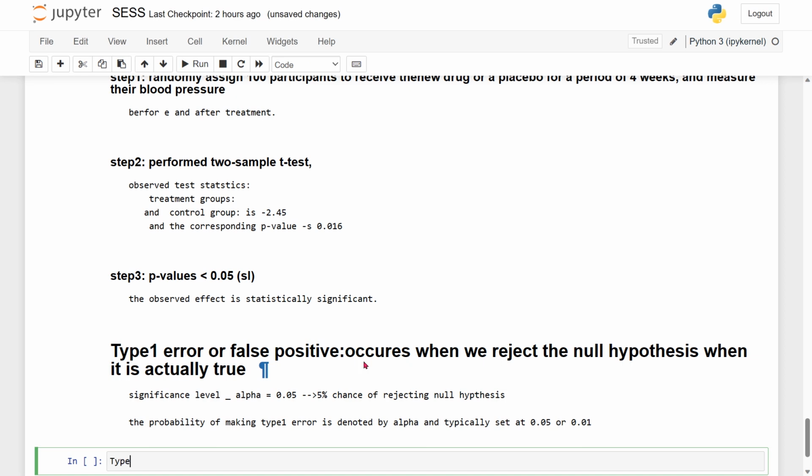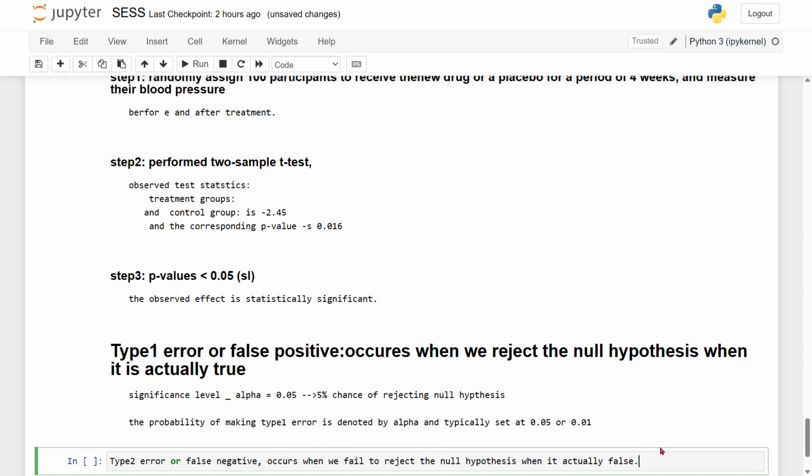Type 2 error or false negative occurs when we fail to reject the null hypothesis when it is actually false. Though it is false, you confirmed the null hypothesis.